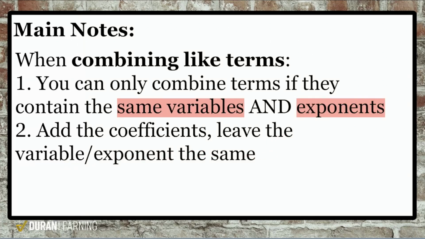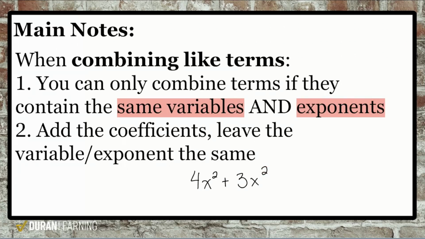So let me go ahead and write out a quick example before I allow you to write this down. So here's what we do. If we have, let's say, 4x squared plus 3x squared. Well, these are indeed like terms, everybody, because we have the same variable, x, and we have the same exponent on those variables, a 2 on each of those x's.